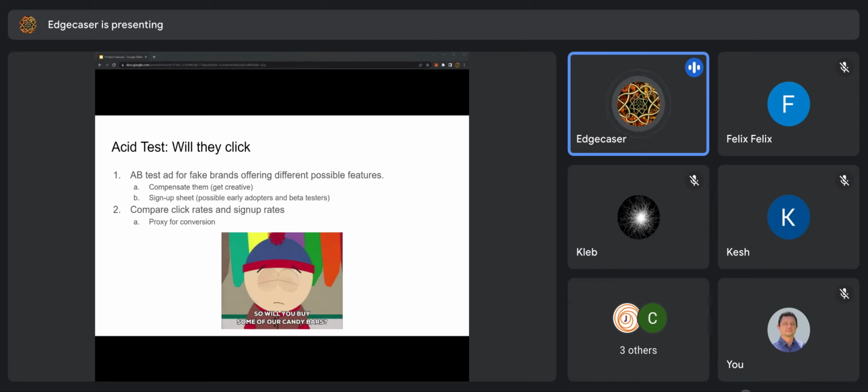The only true way that you can measure this is by putting it out there. We go full circle back to paper prototypes, to functional prototypes, and to the full MVP. However, you don't need those at all to get the first sense of whether they will click or not. I do this all the time. I create fake brands.